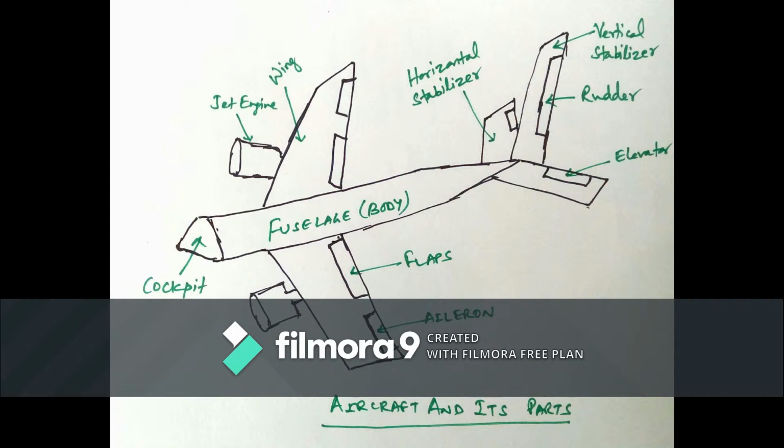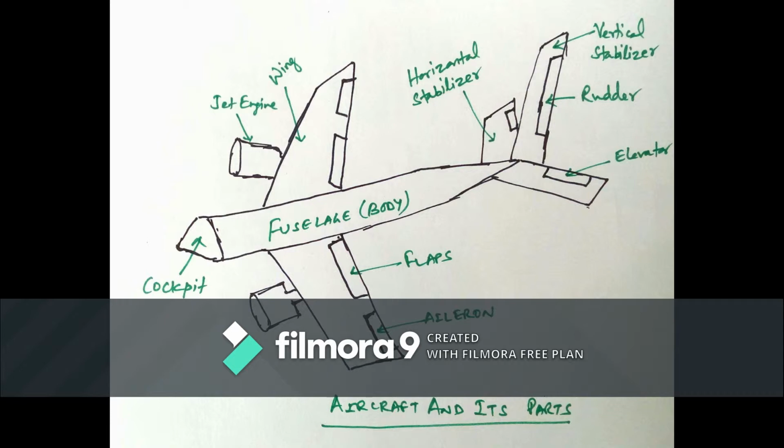As I told you, the central body is called the fuselage, and the front portion where the pilot sits and controls is called the cockpit. Then from the cockpit we move towards the rear. On the right side is the right wing, and on that wing itself the engine is fitted. I will take a special session only to describe the jet engine.